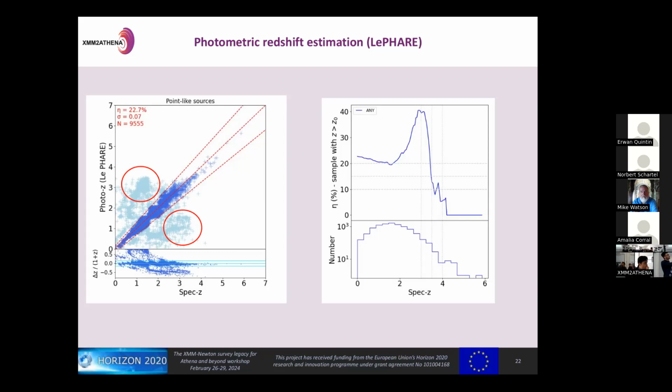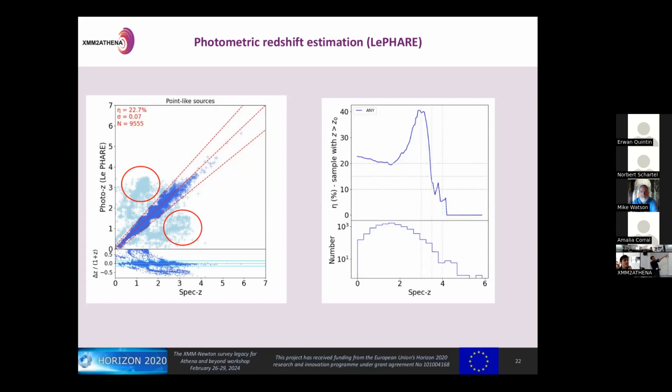This blob is actually this peak that is around redshift 3, and here it reaches around 40% of outliers. But you can see, it's gray, very faint, that at redshift 3.5 we are falling to 10% of outliers. So this is the reason that in this work we selected sources above 3.5, to avoid this part here.